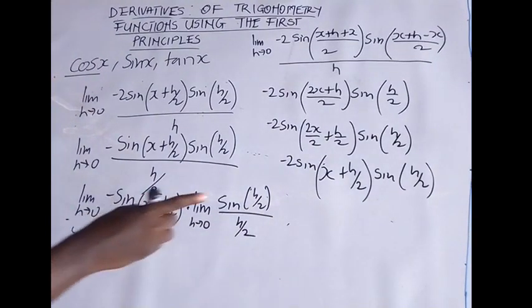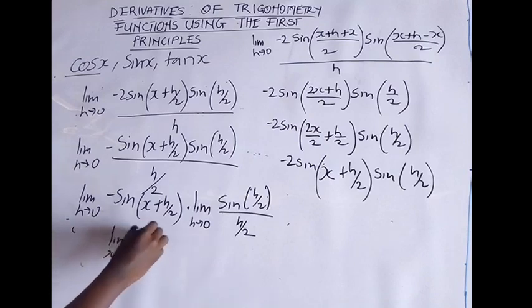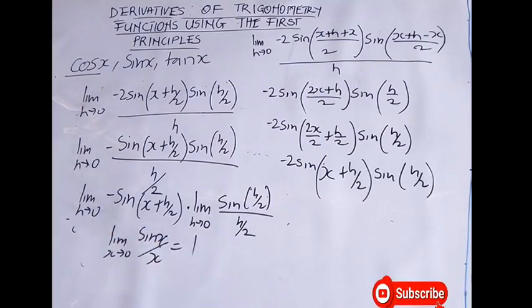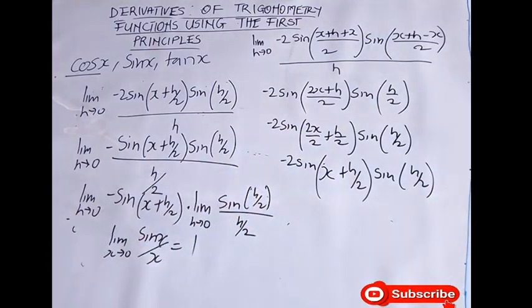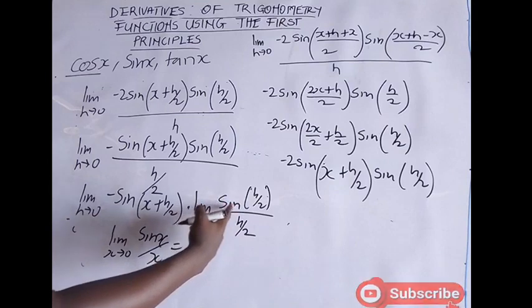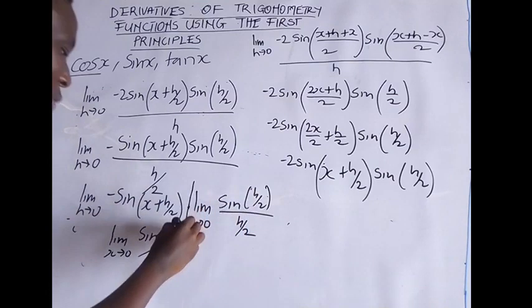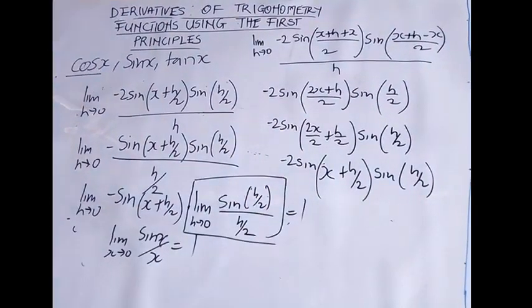And then there is one property of limit which says the limit as x approaches 0 of sine x over x is equal to 1. So that is what is also happening over here. You can see that sine h over 2 over h over 2 will give us 1. This whole thing is equal to 1.